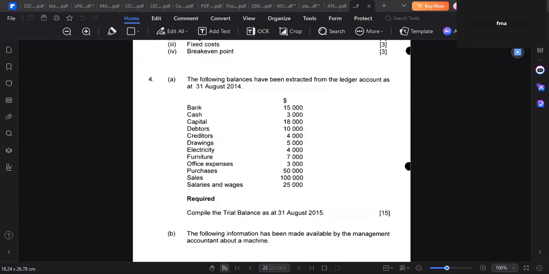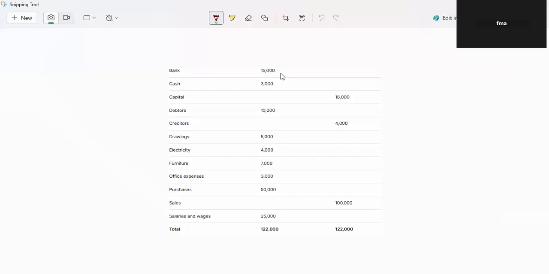So here they are. Our bank we debited. Our cash we debited, correct? Capital we credited, debtors we debited, creditors we credited, drawings we debited, electricity we debited, furniture we debited, expenses debited, purchases we debited, and sales we credited, and salaries.